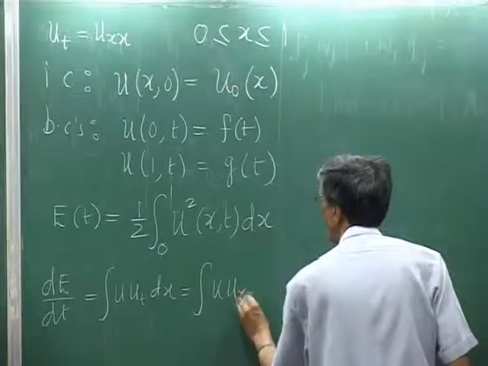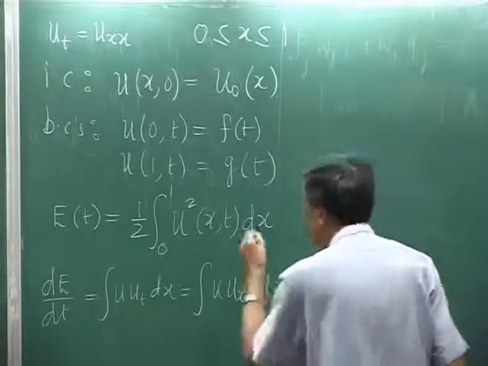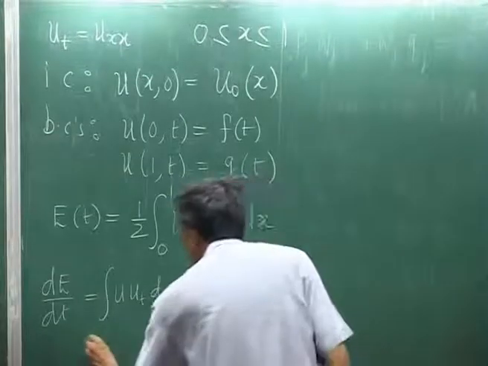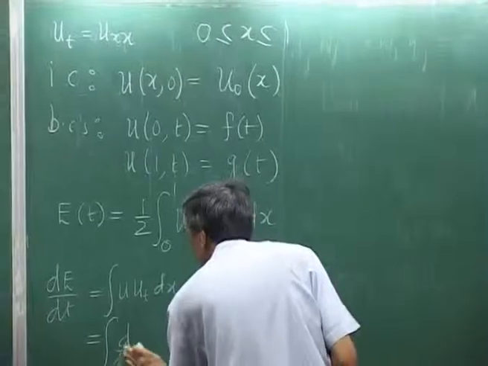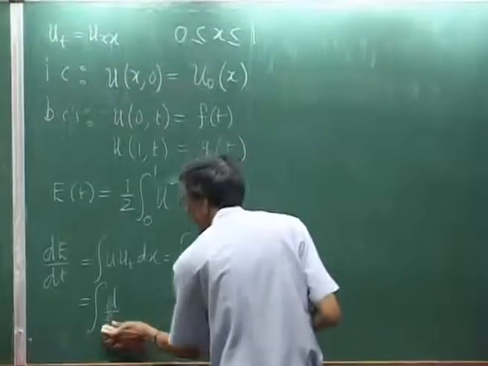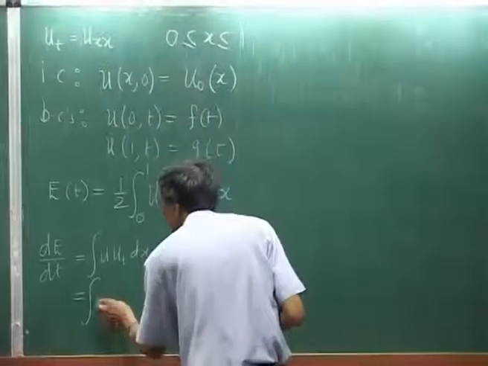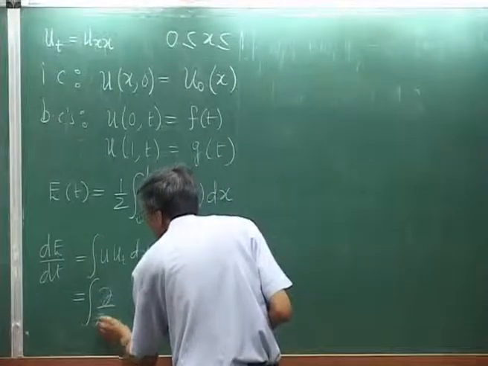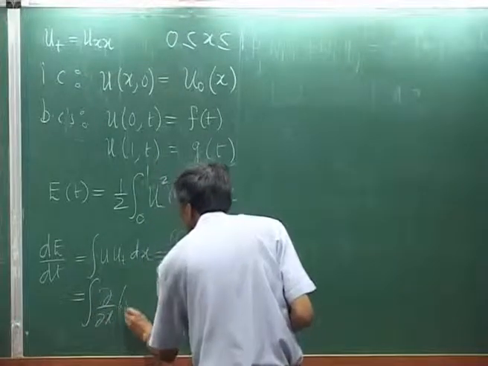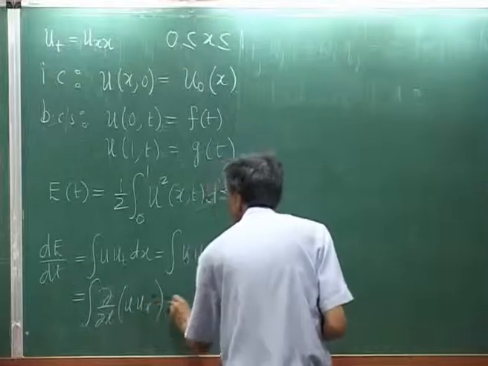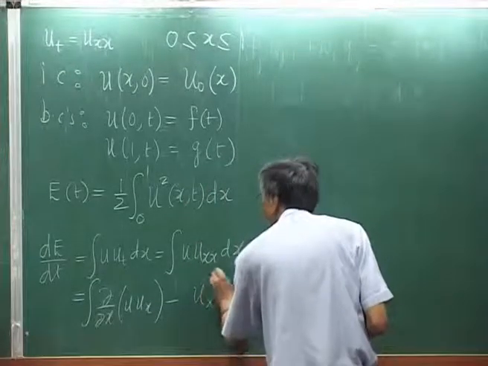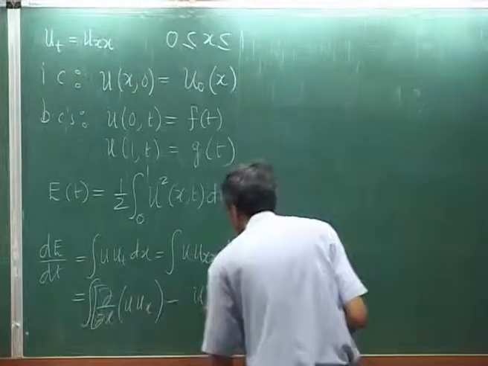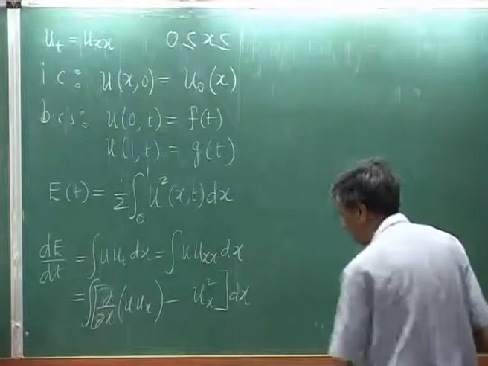So we reached up to there, and then we also wrote it down as a partial of u u_x minus u_x squared dx, right.